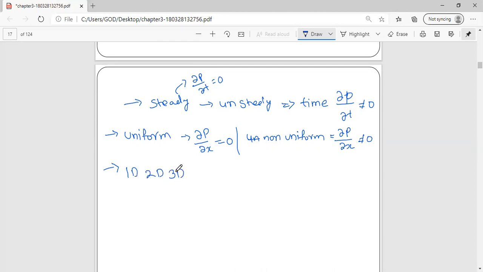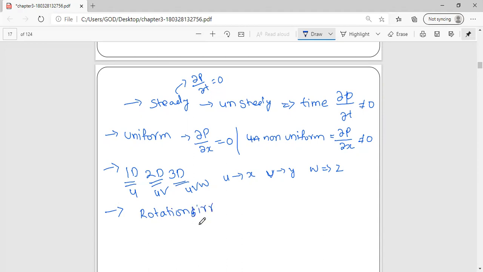Next, one-dimensional flow, two-dimensional flow, three-dimensional flow. It's very clear. If your fluid model is varying with reference to one, two, or three velocities, U, V, W, U indicates the velocity profile along X, V indicates the velocity profile along Y, W indicates the velocity profile along Z. Now next flow, rotational and irrotational.